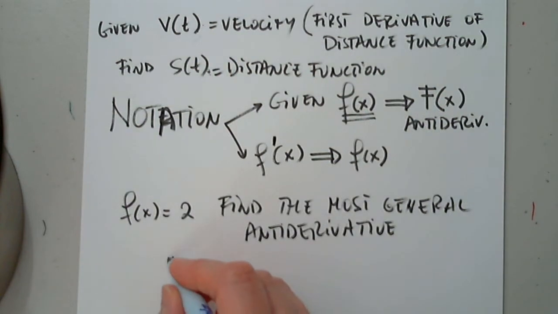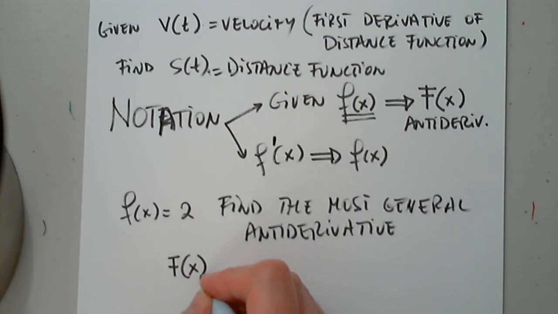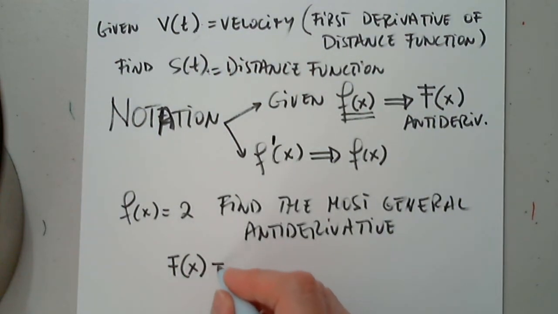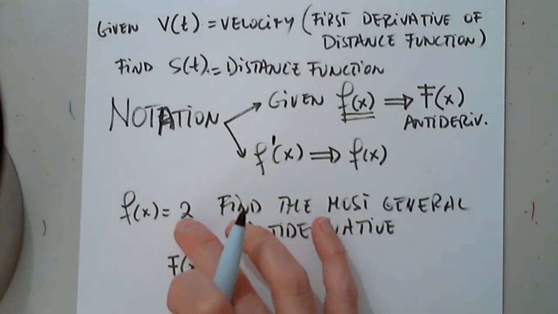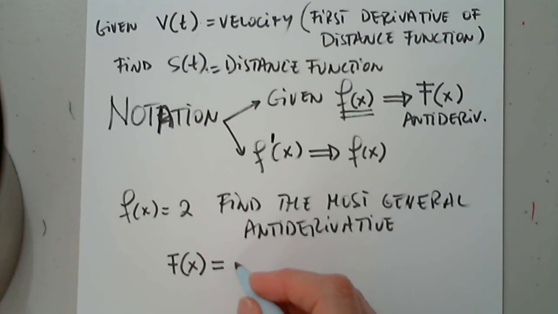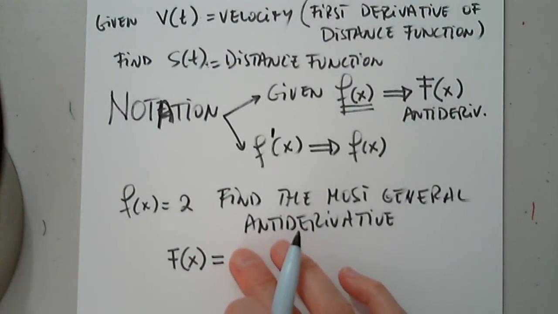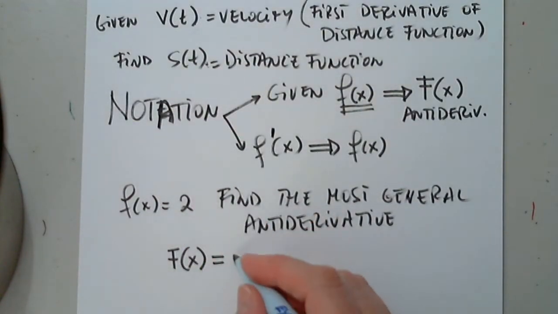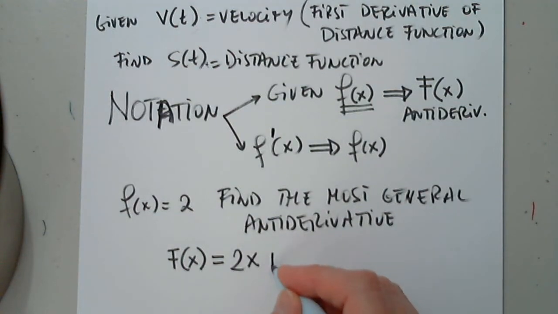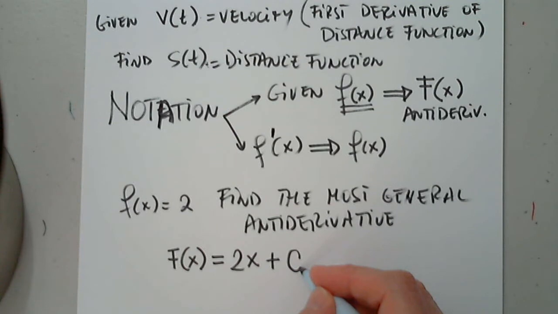I'm going to use uppercase F of x, and I'm going to write which function prime is 2. What do I differentiate to get 2? 2x. That's it. Plus a constant c.